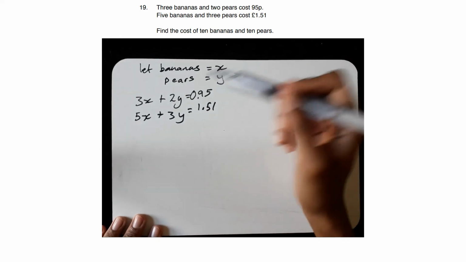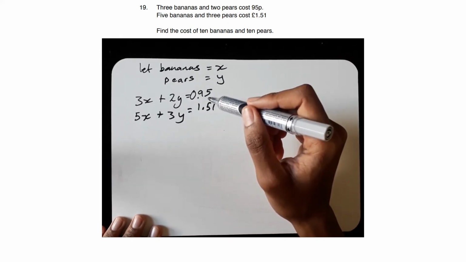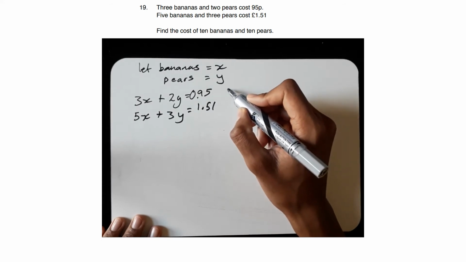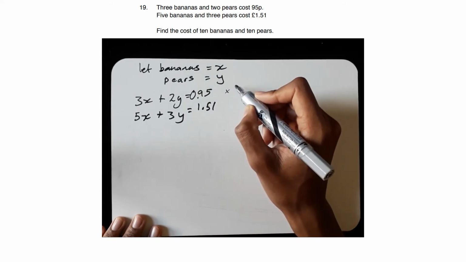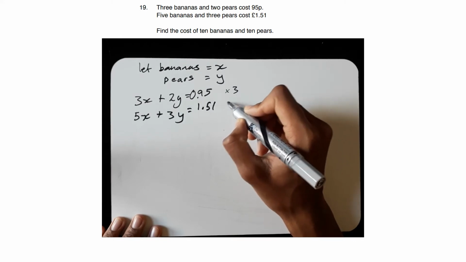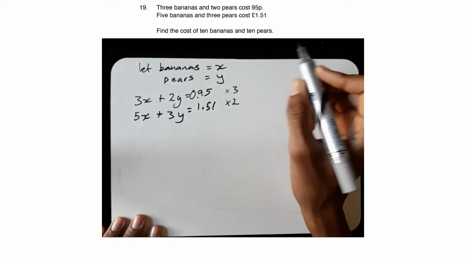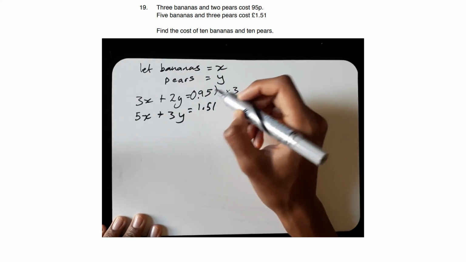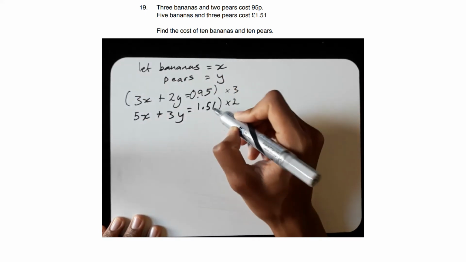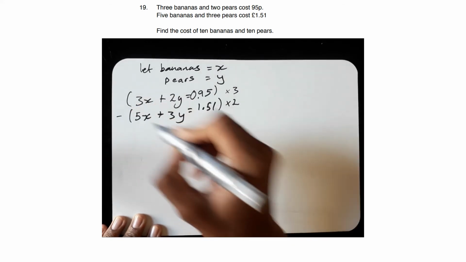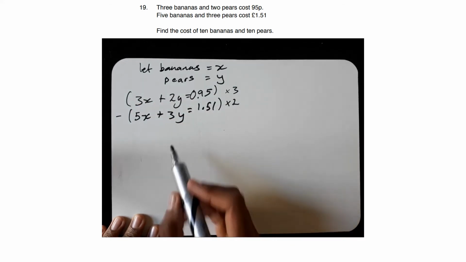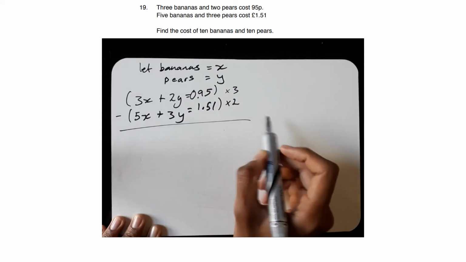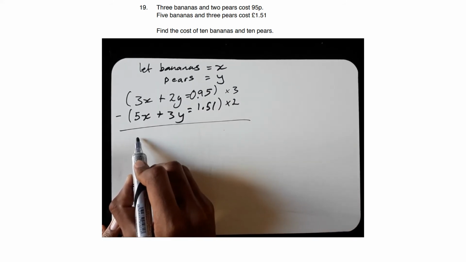So I'm going to multiply the top by 3 and the bottom by 2, and I'm going to have to subtract them.